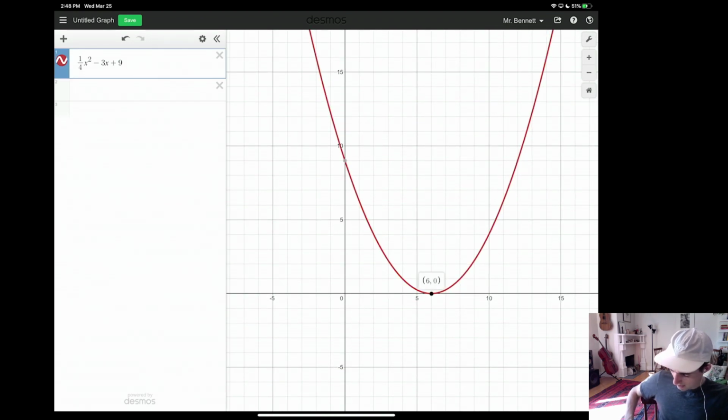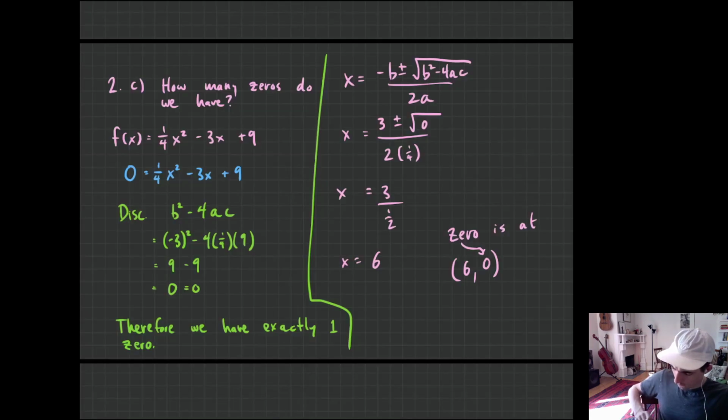Hopefully this tells you why, if the discriminant is equal to 0, then we have exactly 1 root, because this just turns into 0, and then this plus or minus thing doesn't give 2 answers. Plus or minus usually means that we have 2 answers, one where we add and the other where we subtract.